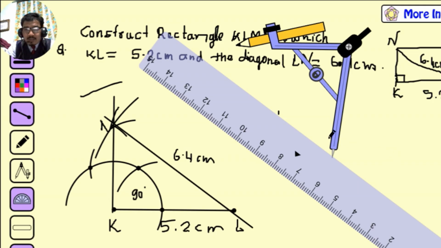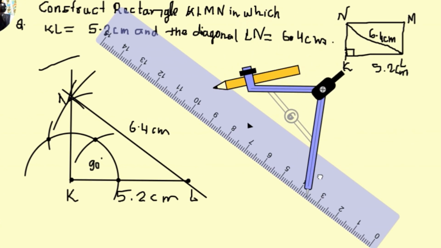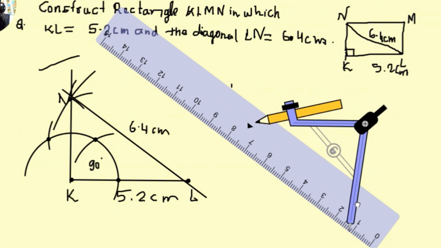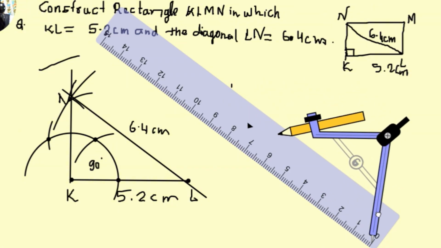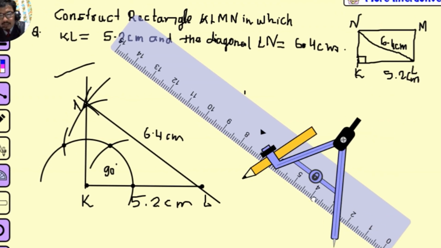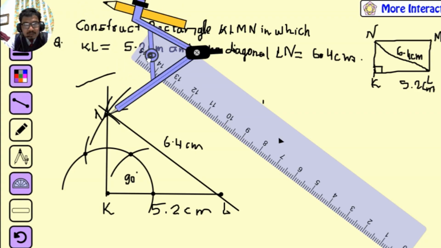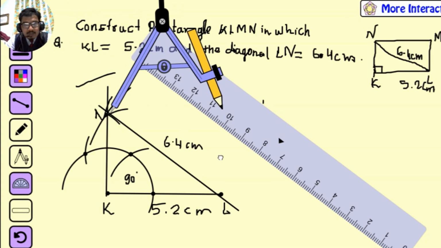Then again, we know opposite sides are equal in a rectangle, that's why I am taking this side as 5.2. Then I'm cutting from this to this side, look here children.